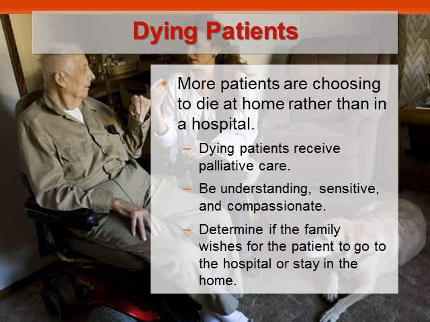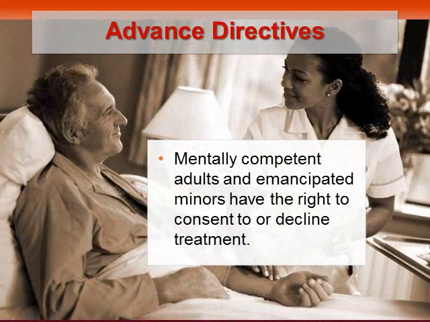Often they'll make sure that their family knows what their wishes are in terms of resuscitation, and occasionally family members will want to try and override that, which is where the laws concerning advance directives come in. Any patient who is mentally competent, and that includes emancipated minors, has the right to determine their treatment and to decline treatment if they're incapacitated by recording it in an advance directive.